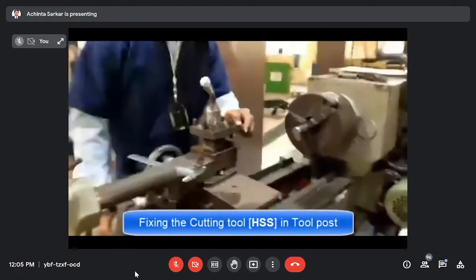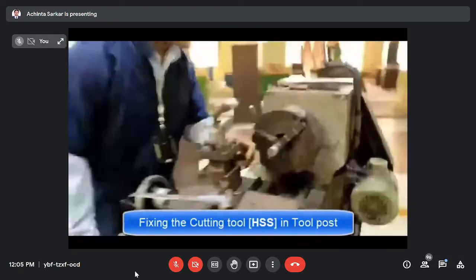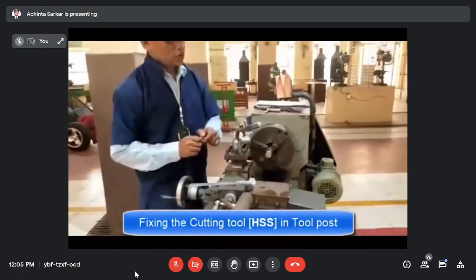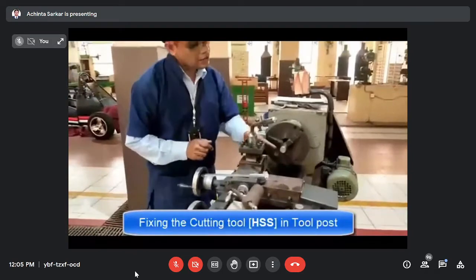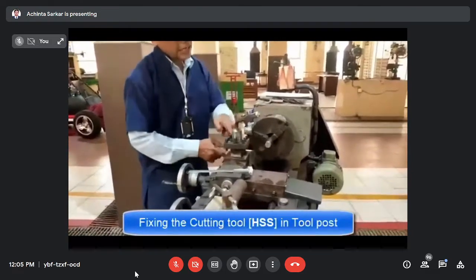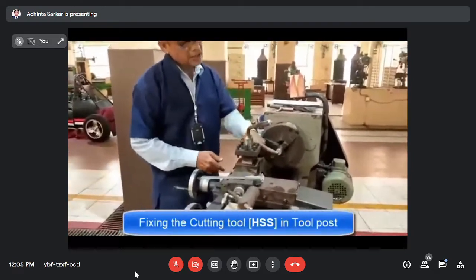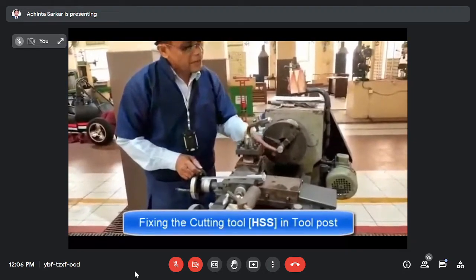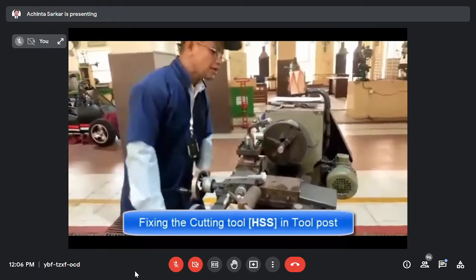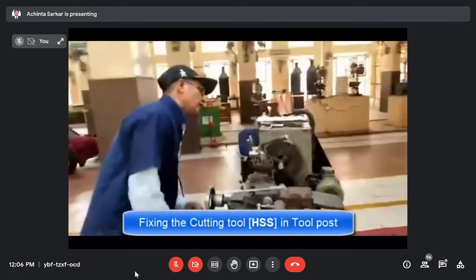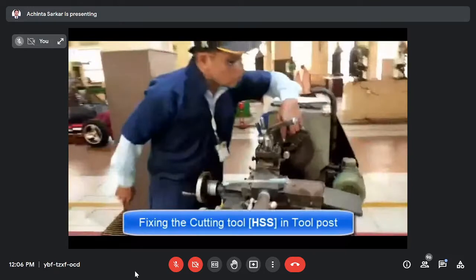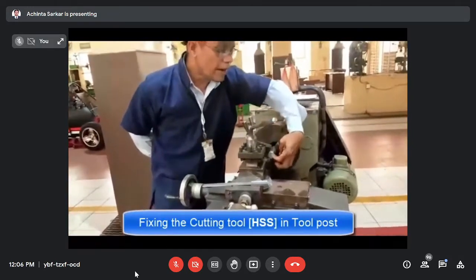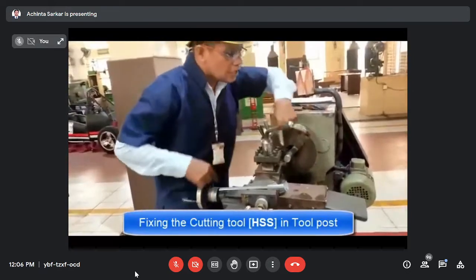Before setting your cutting tool, the cutting point should match the center of the workpiece, so that you can cut the metal on the front side and no metal remains in the center of the workpiece. Now see, the cutting point is just below the center of the workpiece. The cutting point should exactly match the center of the workpiece.